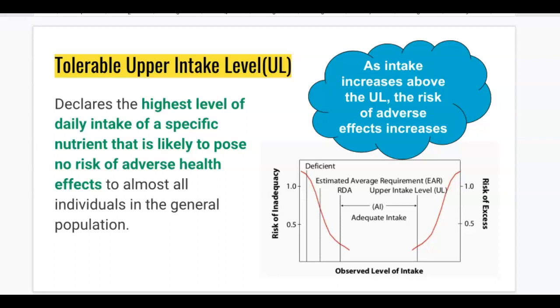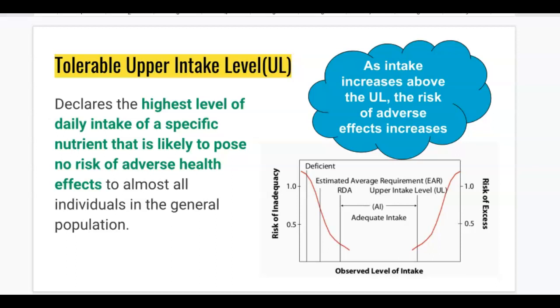Next of the DRI categories is the tolerable upper intake level, or the UL. What the UL does is declare the highest level of daily intake of a specific nutrient that is likely to pose no risk of adverse health effects to almost all individuals in the general population. So we know that for specific nutrients, there are lower levels and there are upper levels.